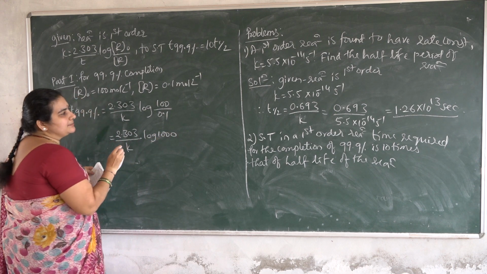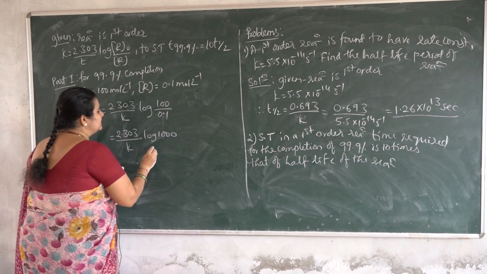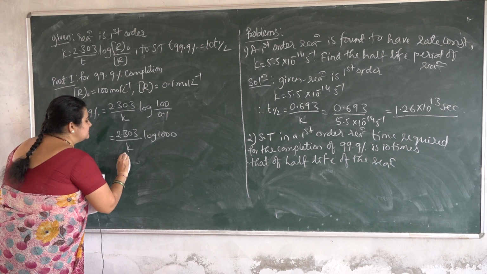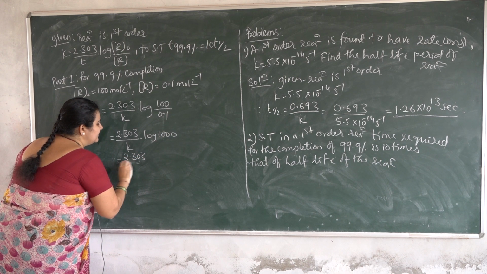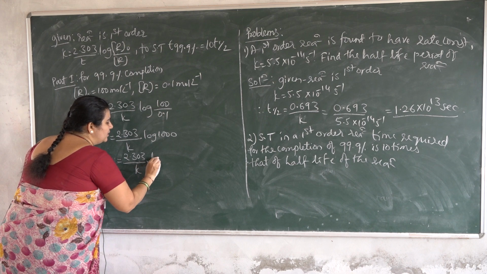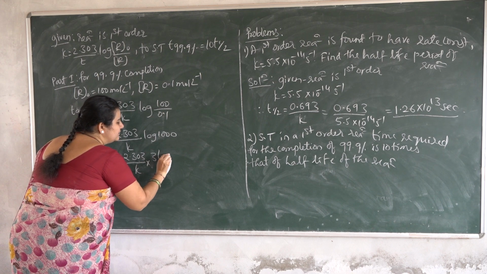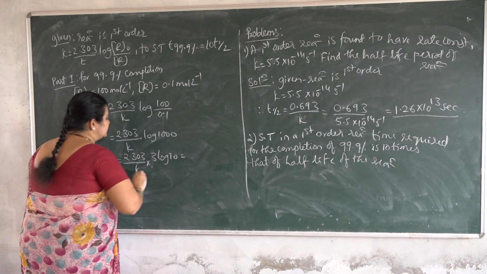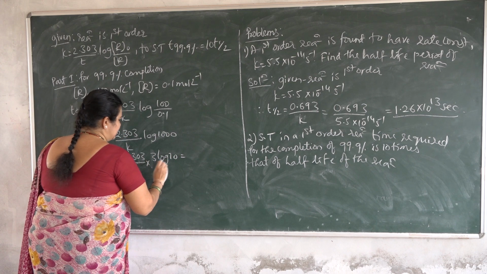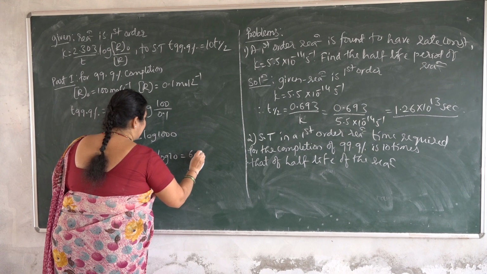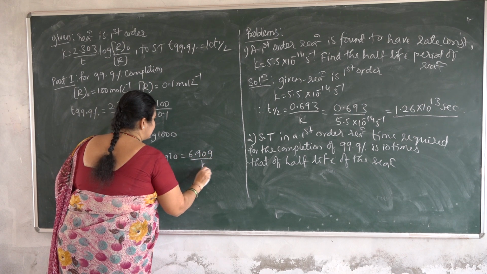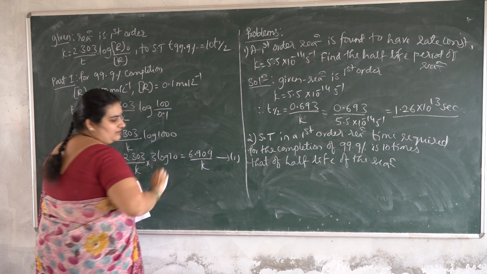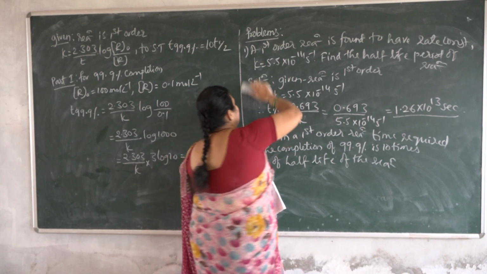Again 1000 can be written as 10 raised to power 3. So 2.303 divided by K into 3 log 10, or 3 into 2.303 will be 6.909 divided by K. This will be equation 1. So part 2.